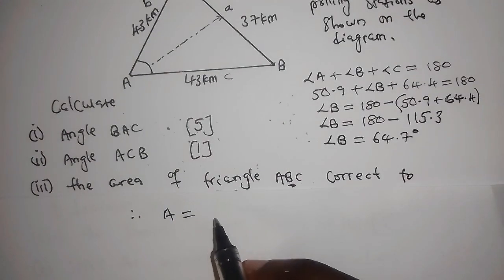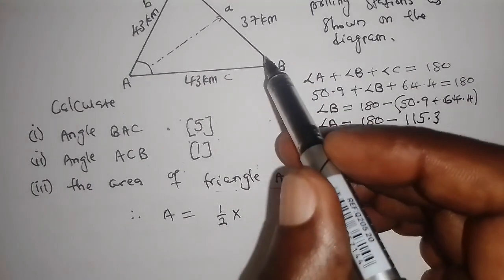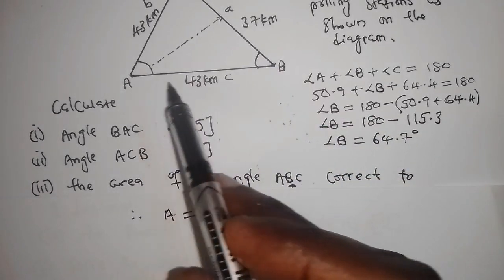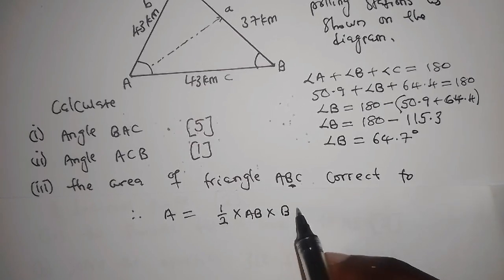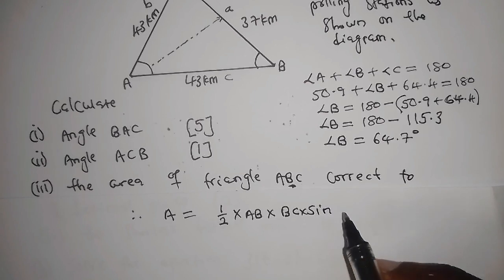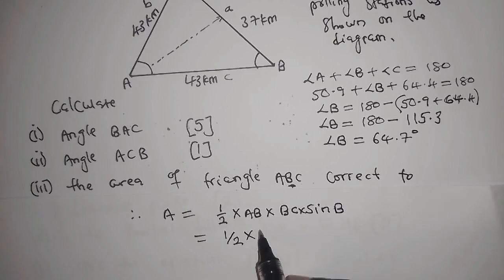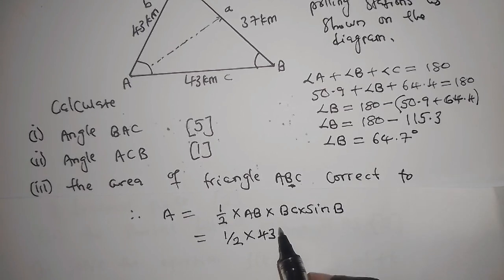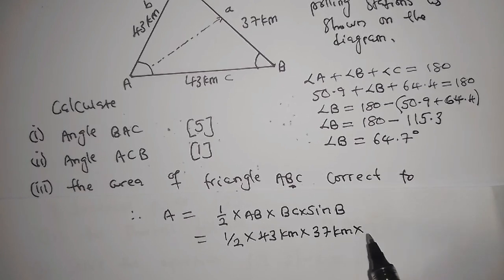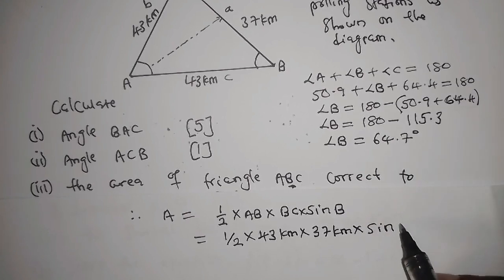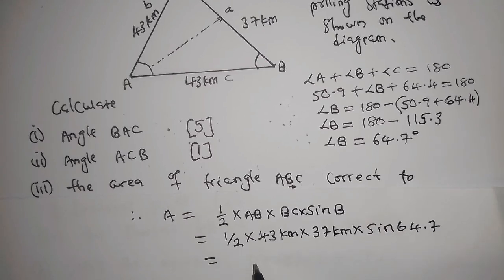The area is going to be 1/2 multiplied by the two sides next to this angle, so AB multiplied by BC, then times sine B. So our area is going to be AB, 43 kilometers, multiplied by BC, 37 kilometers, multiplied by sine 64.7.